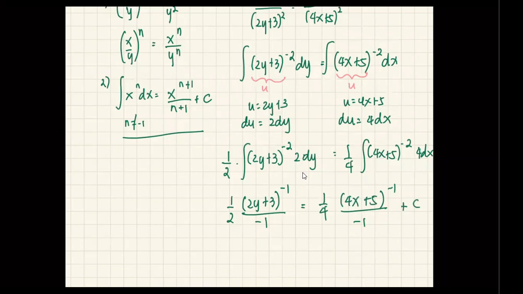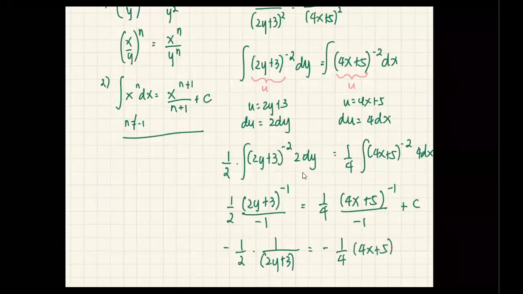So, this will be negative 1/2 times 1 all over 2y plus 3 equals to negative 1/4 times 1 over 4x plus 5 plus c.